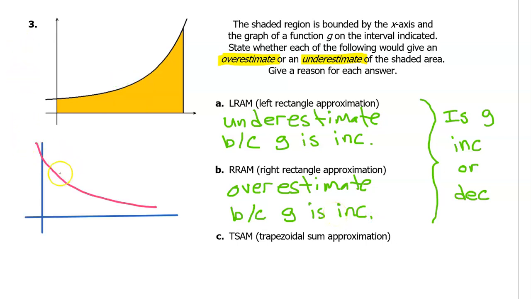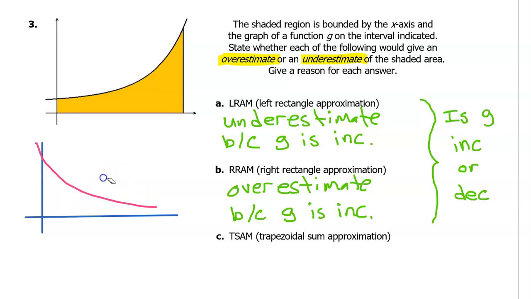For comparison, here's a function that is decreasing. If we do the left rectangle method, where the left edge touches the function, you can see that now this is going to be an overestimate. So when the function is increasing, the left rectangle method gives you an underestimate. When the function is decreasing, it's the opposite. You get an overestimate.